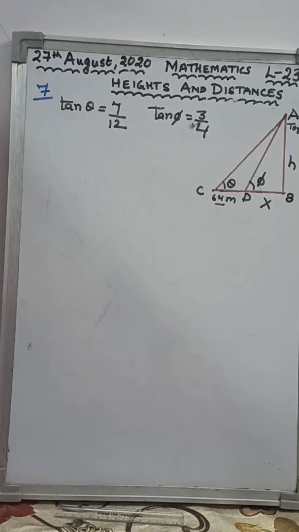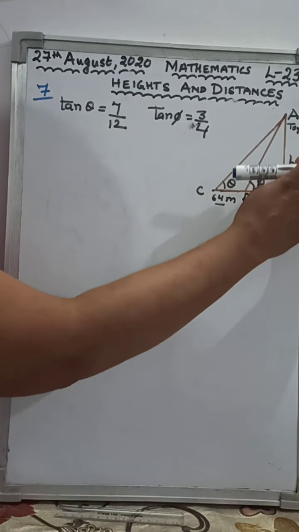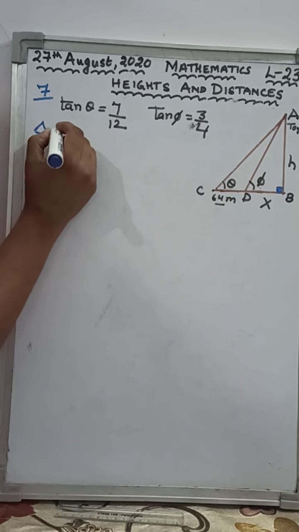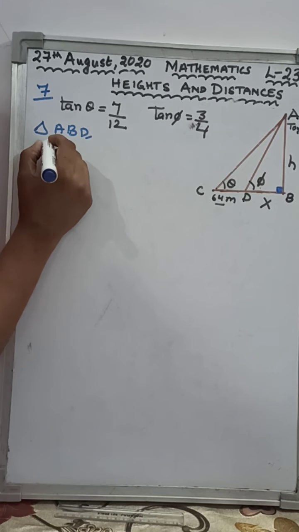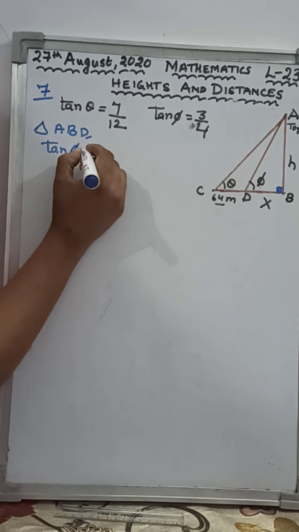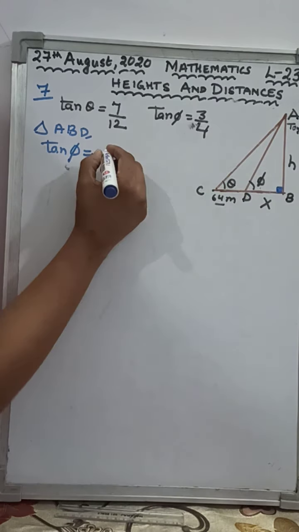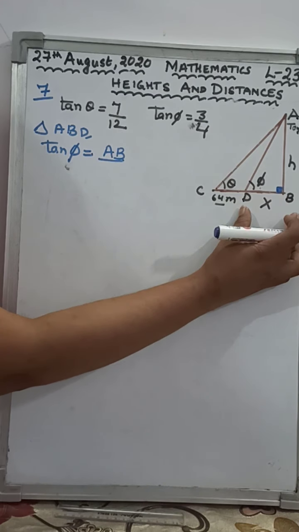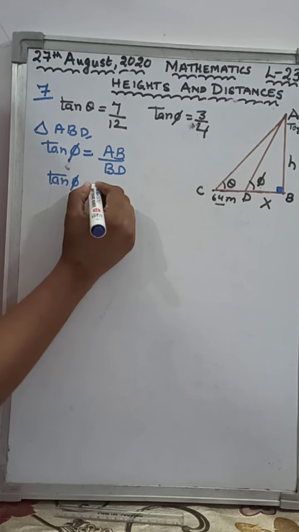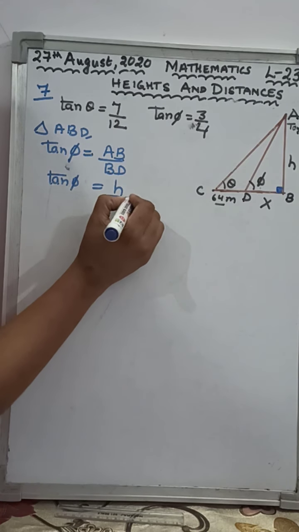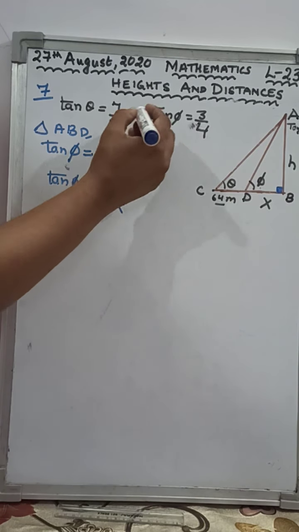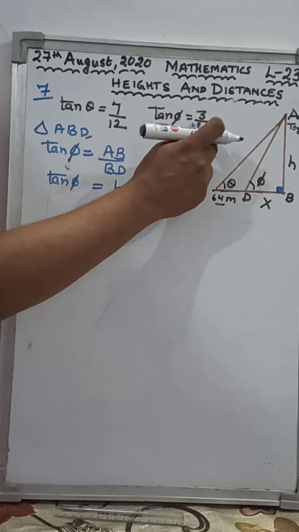So we will take first of all triangle ABD. This is right angle triangle. So triangle ABD, tan phi will be here. Angle is phi. That is perpendicular AB over base BD. We will put AB as height H and BD we have taken X. Clear? Now tan phi is given to us 3 by 4.